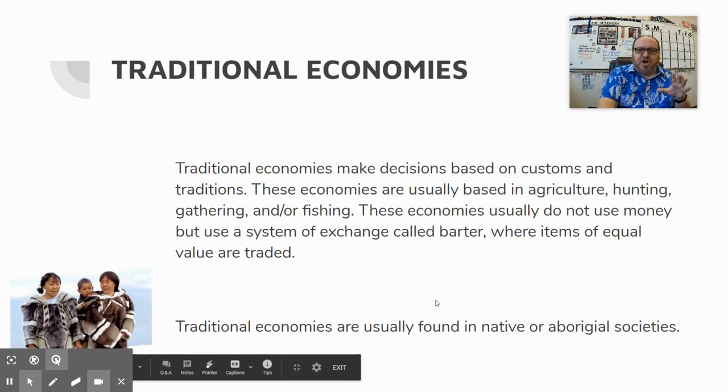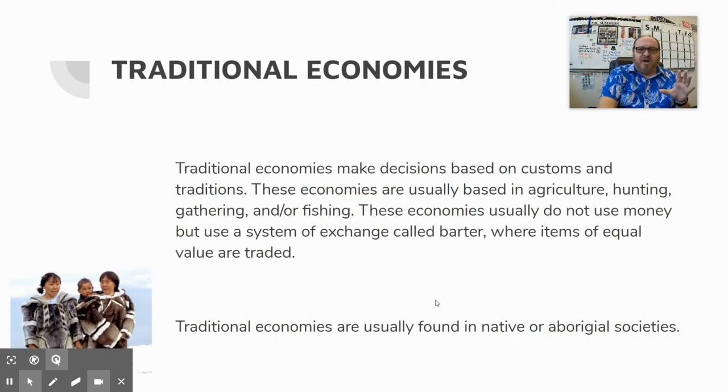So a traditional economy is an economy where the decisions made about those economic choices are based on traditions, customs, religions, okay, old, ancient ways that things have always been done, and that's the way they're still done, okay? They're usually based in agriculture, hunting and gathering, fishing. They usually don't use money.